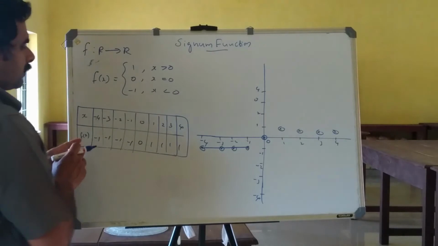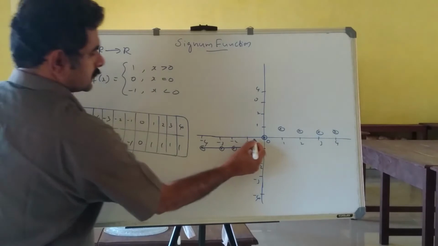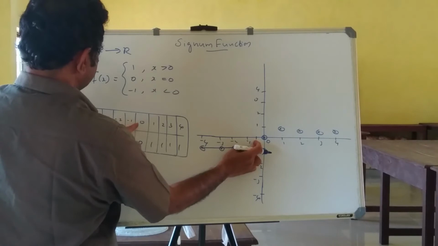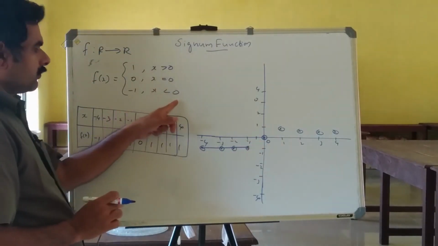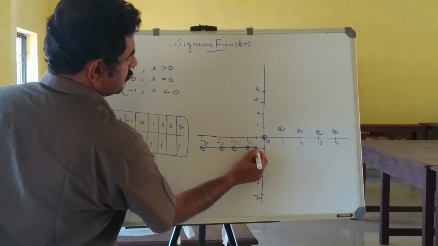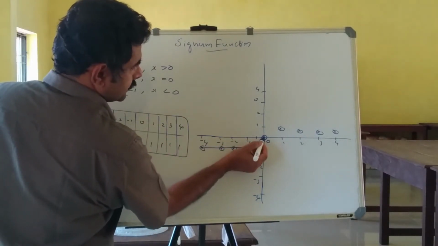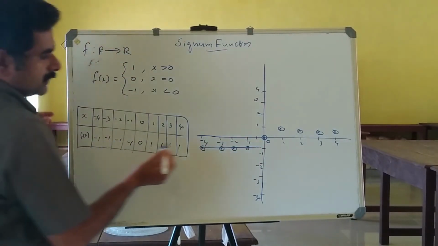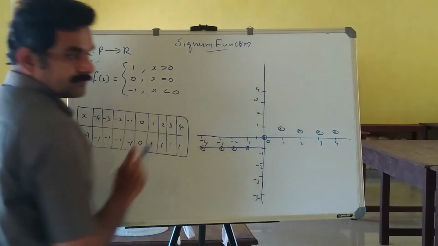Then what if we take x equal to minus 0.5? Its value will be minus 1, because for all negative values the answer will be minus 1. So the line moves toward the y-axis. To the left of 0 all values are negative, so this line approaches the y-axis but does not touch it.